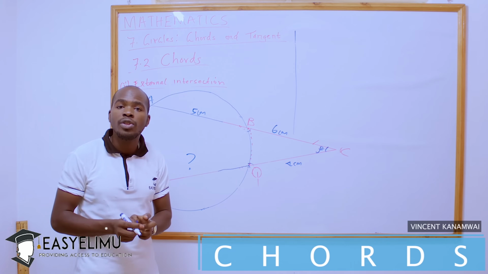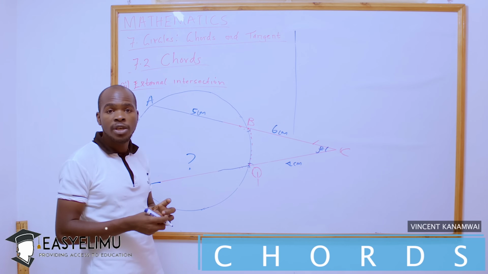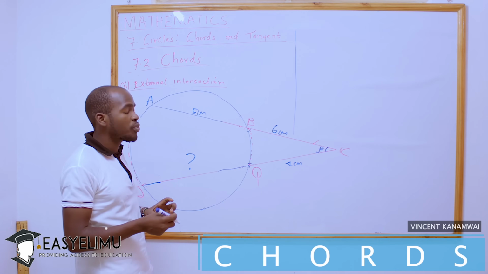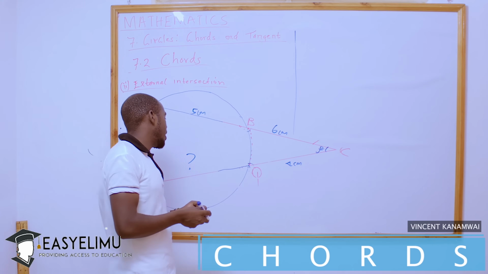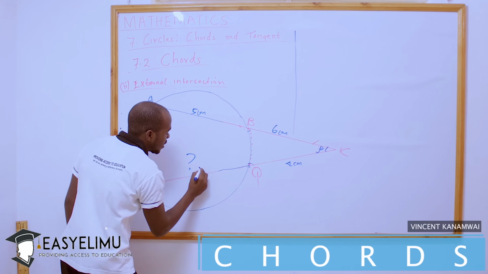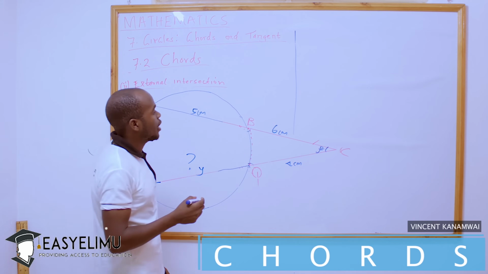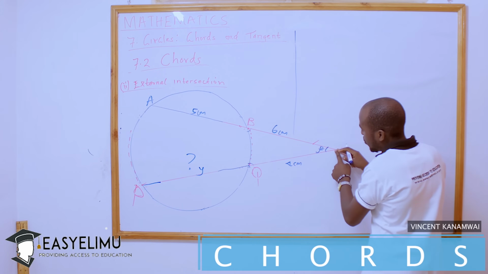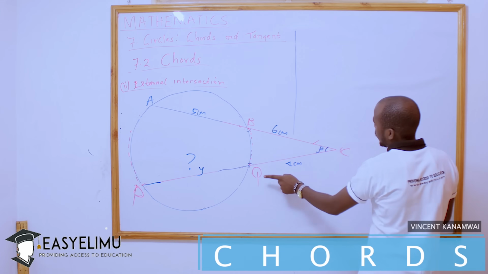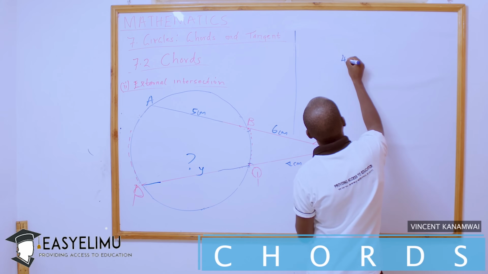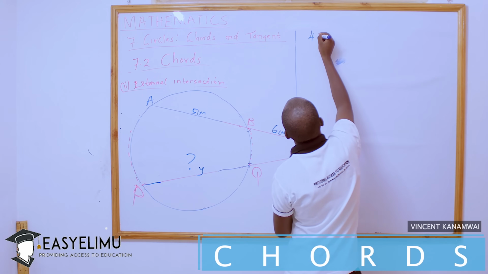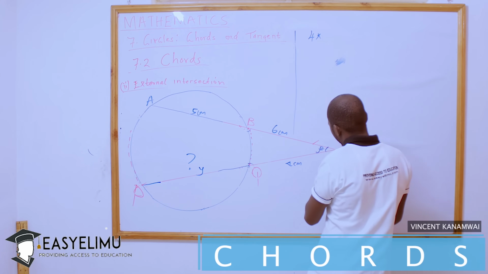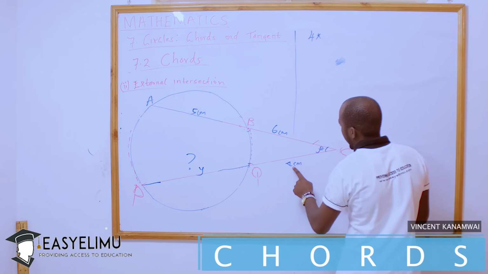So we are going to use the formula which we have found, that is the relationship between chords which intersect externally, to find the missing length. We shall let our missing length be y. If we take this length from here to Q, that is QC, which is 4, 4 multiplied by the total, which will be y plus 4.